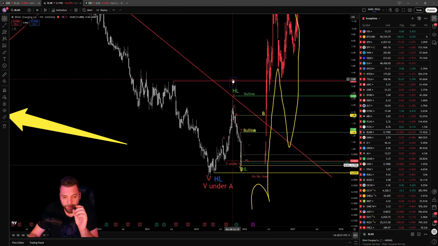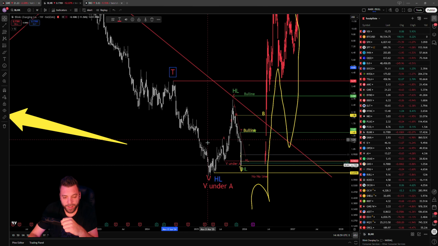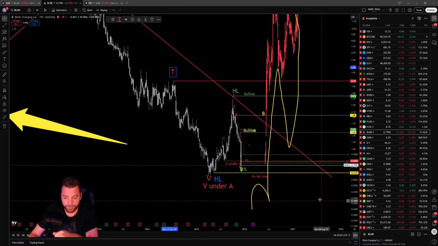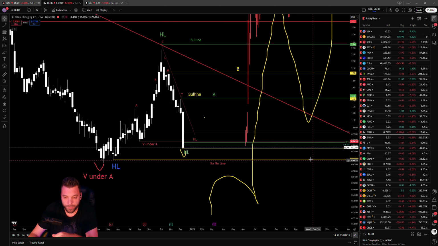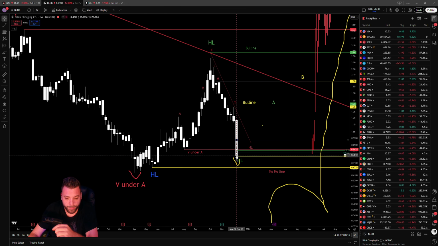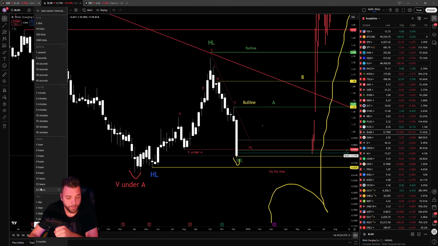For the bullish version, we already made our pattern, our all-time low. Even with this move. No, with this. Oh god, I'm doing this way too long already. So in April was our V and A. This whole thing we're doing since April was just a higher low.